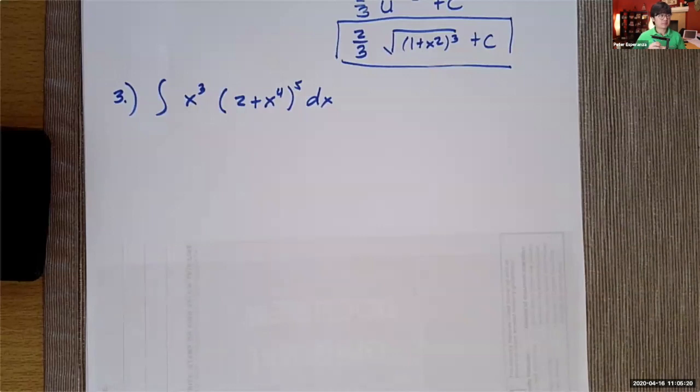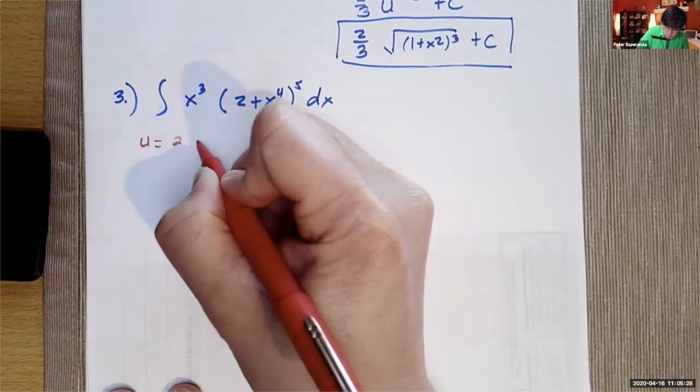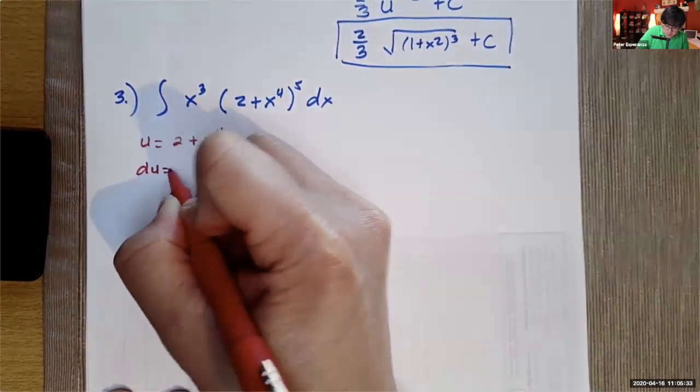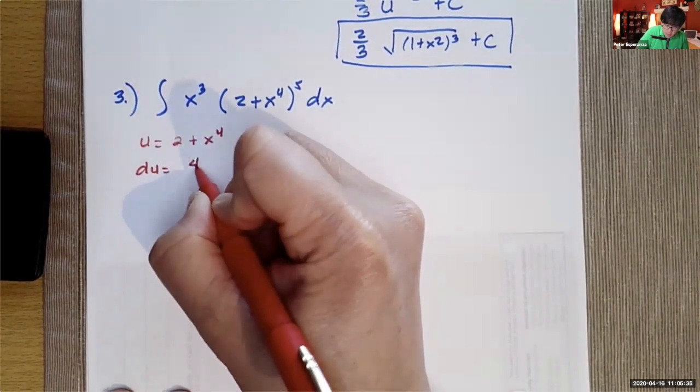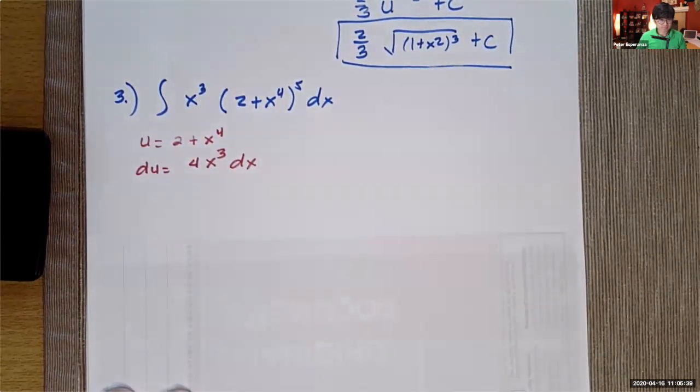Now, let's answer this. Of course, we need the u, and the u is the inside: 2 plus x to the 4th. And the du is 4x cubed dx, right? Correct.